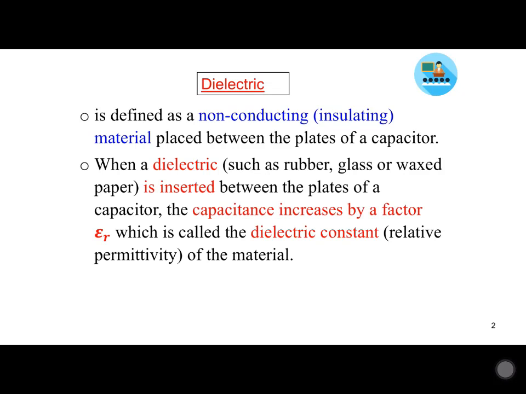When a dielectric, for example rubber, glass or wax paper, is inserted between the plates of a capacitor, the capacitance will increase by a factor of epsilon r. This epsilon r is called the dielectric constant, which is relative. The dielectric constant depends on the material of the dielectric.